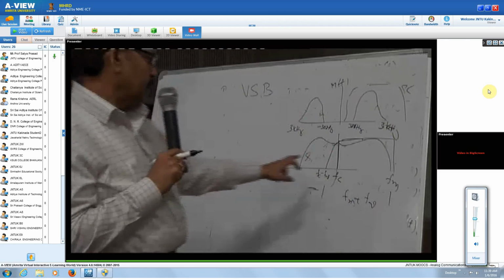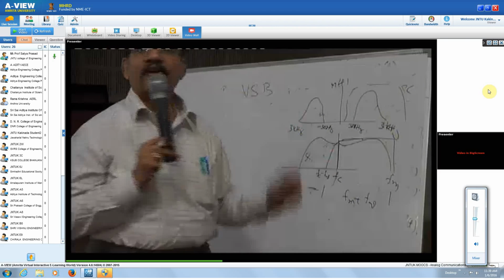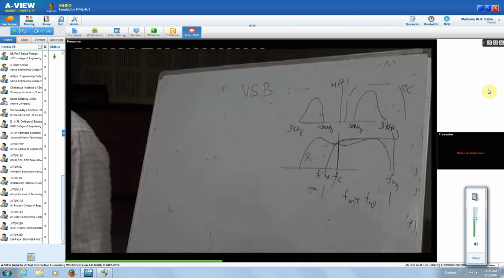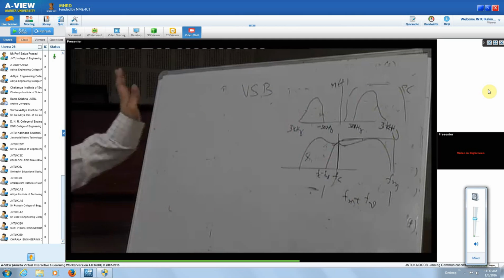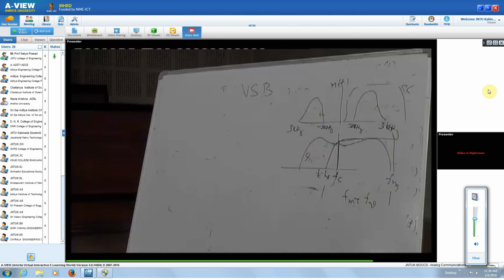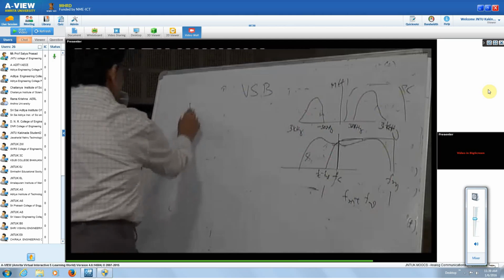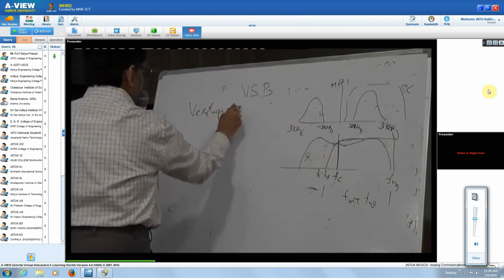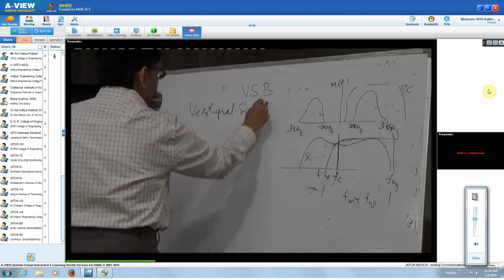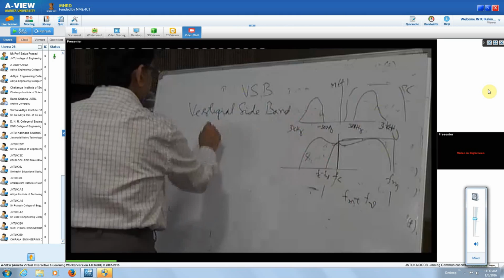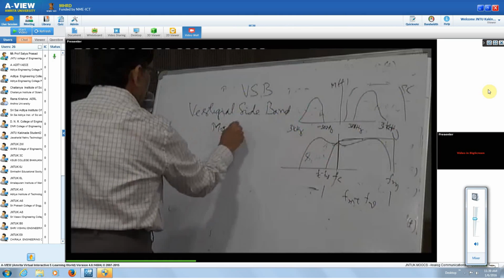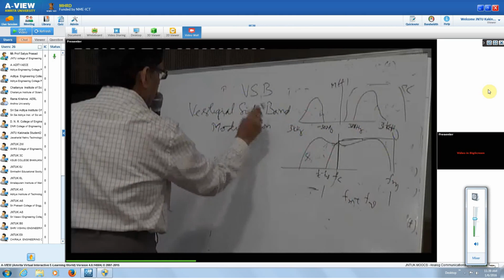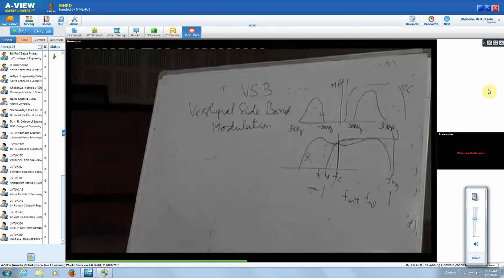This we say is the vestige of your unwanted sideband. That's why we call this vestigial sideband modulation. That is VSB.